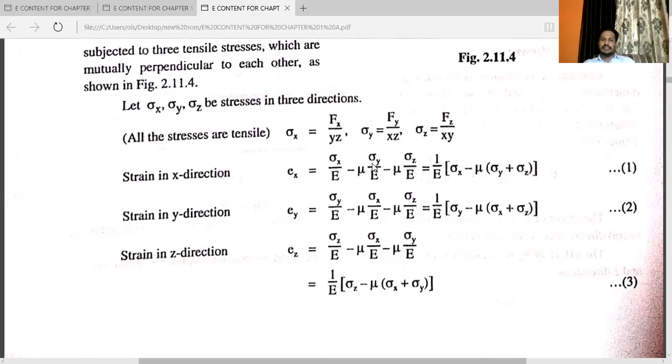While taking X, the remaining two terms are Y and Z. While taking Y, these two terms are X and Z. While taking Z, these two terms are X and Y. See, this is your equation number 1, this is your equation number 2, and this one is your equation number 3: strain in X direction, strain in Y direction, and strain in Z direction.